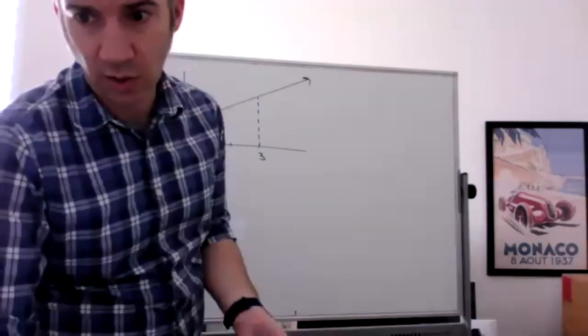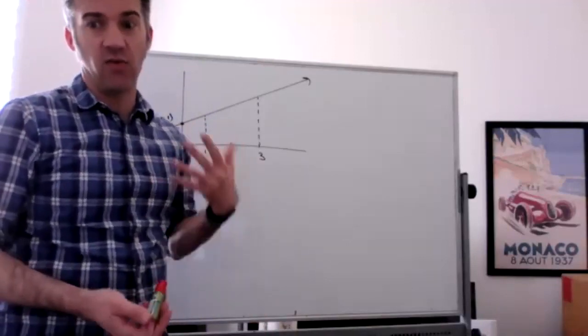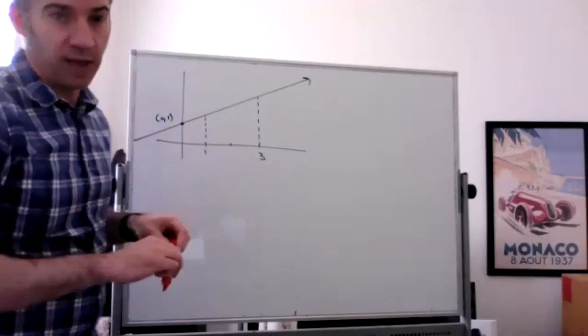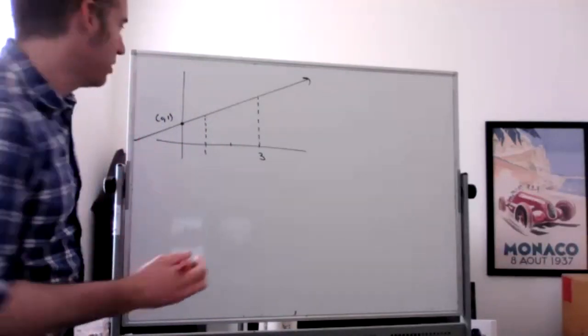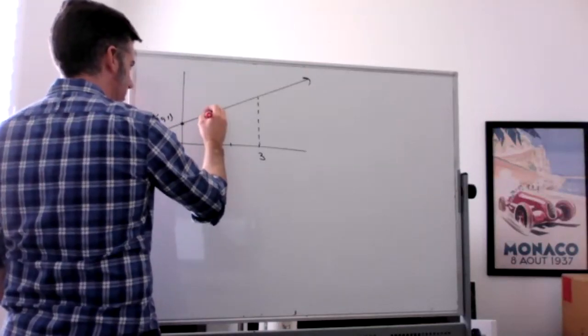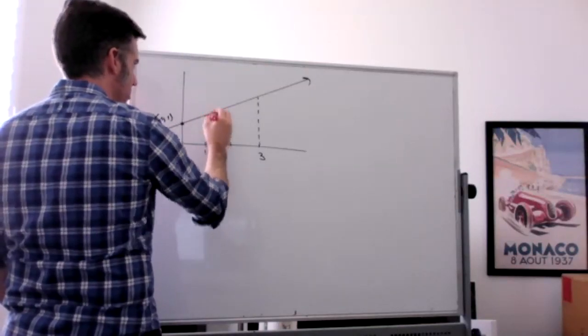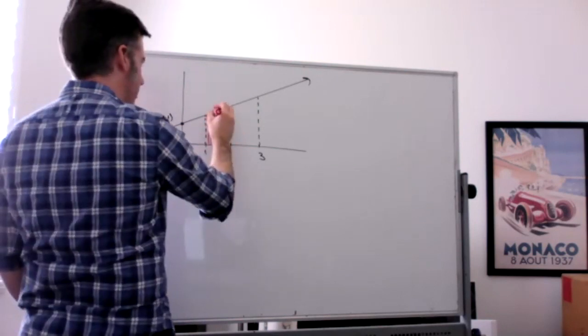And here's the idea. We are going to fill this region with very, very thin rectangles. And the area of all those rectangles added up together is going to be the area under the curve. So we've got a little rectangle here, a little rectangle here. That's the whole idea, we're just filling this up with rectangles.